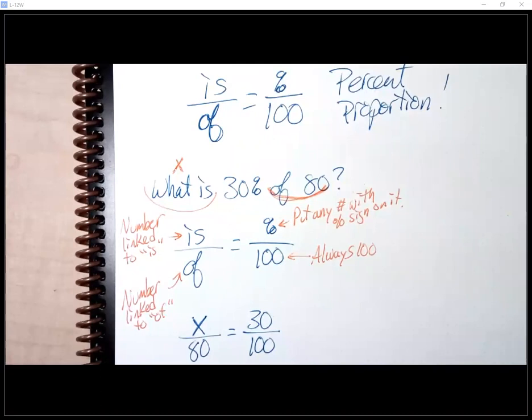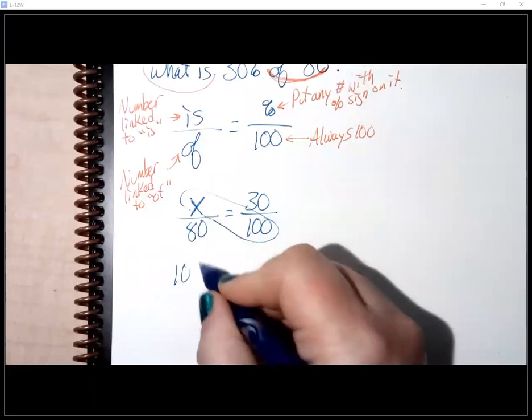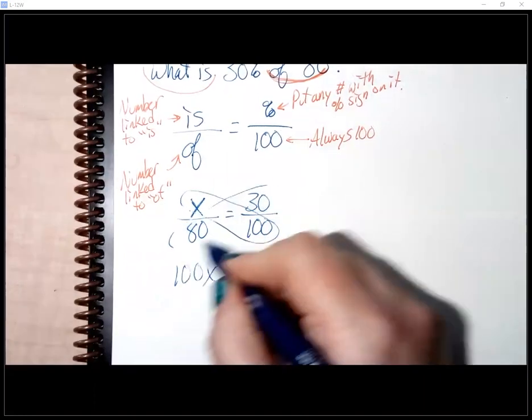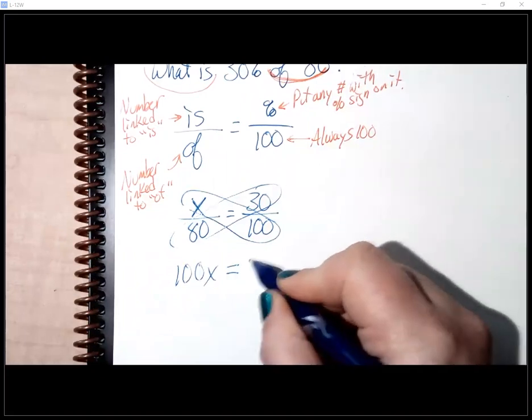So once you kind of understand how to use this percent proportion, you can solve all these different types of questions so easily. So if we cross multiply, one side, I'm going to get 100x. The other side, 80 times 30. Remember, you set them equal to each other. So that is 2,400.